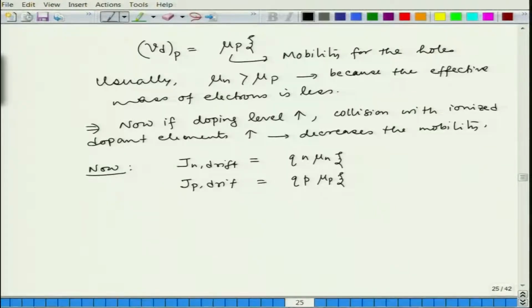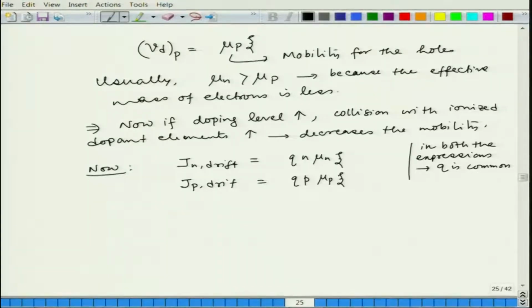Here, one thing you note is that in both the expressions q is common, because electron and hole carry equal amounts of charge, but the sign is opposite: electron is negative, hole is positive.